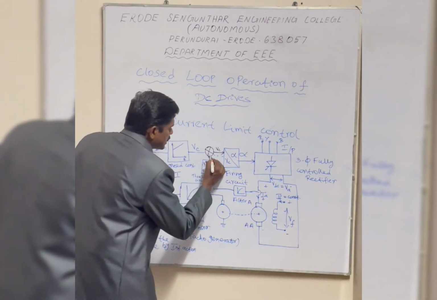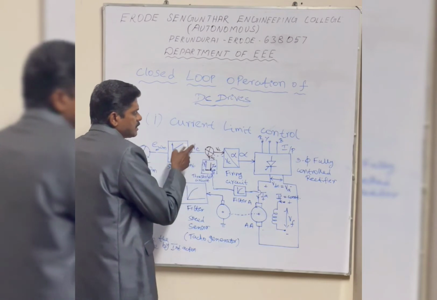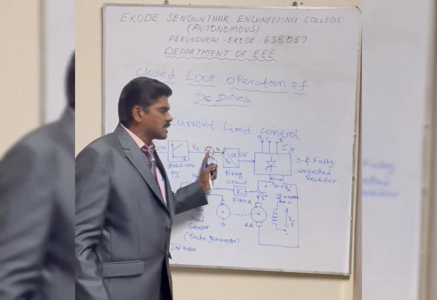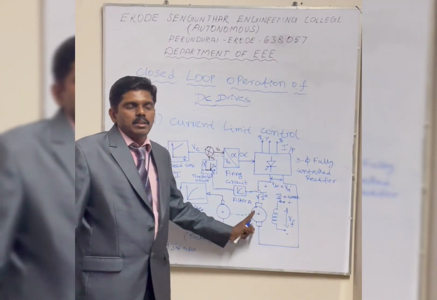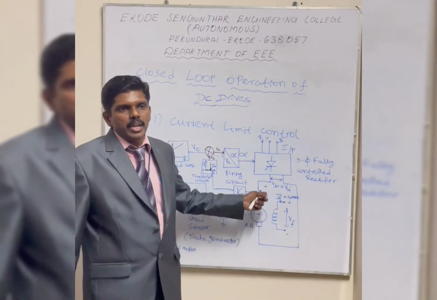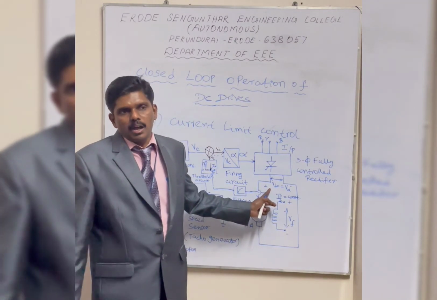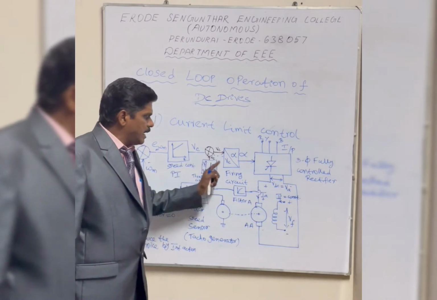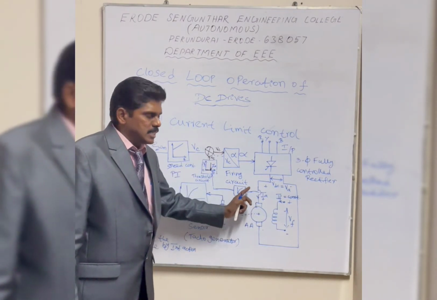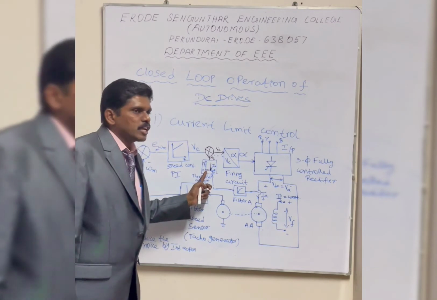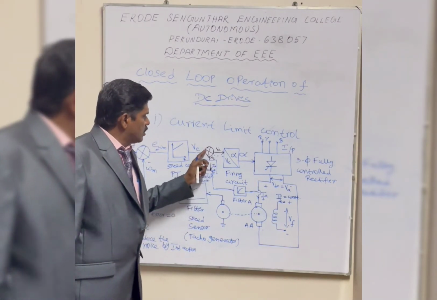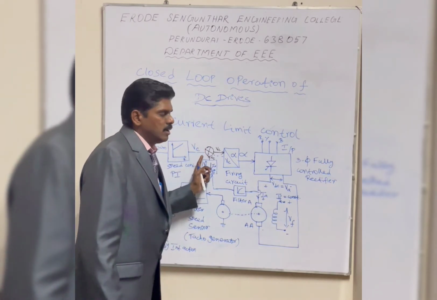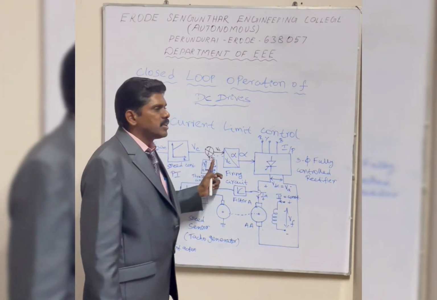That output signal VC overrides the speed control, because if you run this motor under this condition, the motor may be destroyed with respect to the maximum permissible current. Therefore, we need to maintain a maximum permissible current such that this threshold circuit will override the speed loop. Now the speed loop will be terminated with respect to this signal VC.